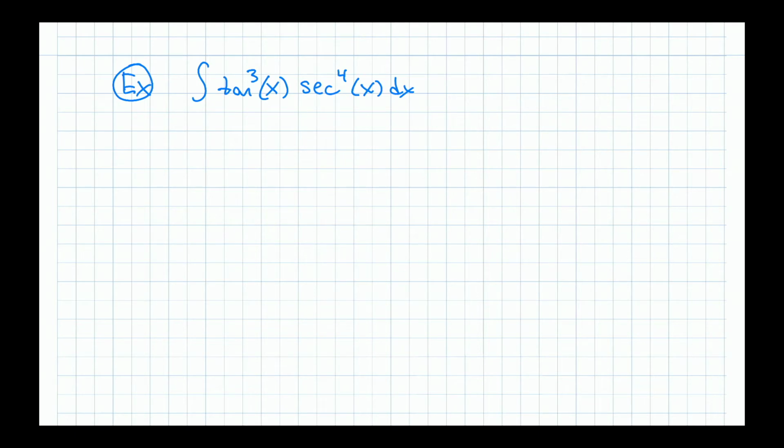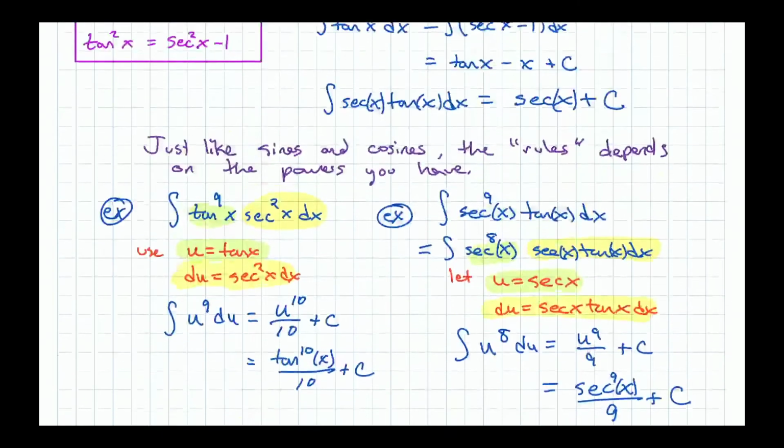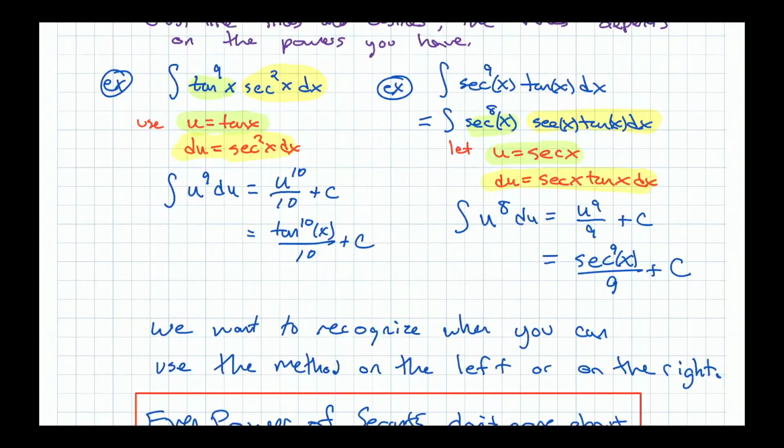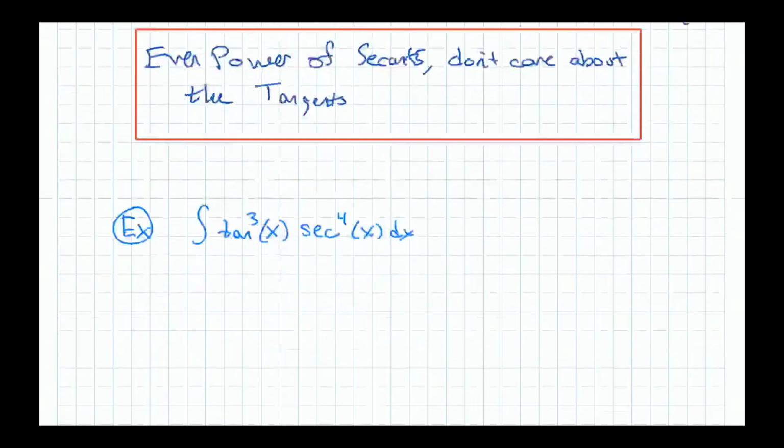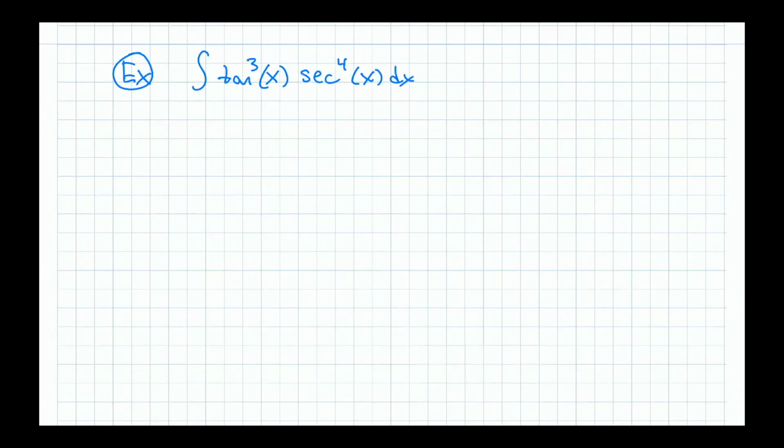Okay? So our goal, if you remember, is that we want to make it look like the integral on the left. That means we want to use a du is secant squared. So because of that, what we want to do is separate 2 secants off to the side. So step 1, separate secant squared x dx off to the side.